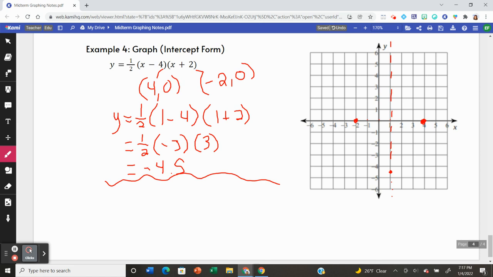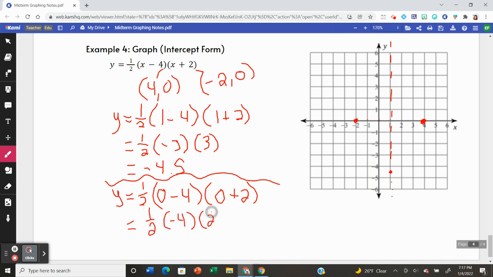So 0 minus 4. We have a 0 plus 2. We have 1/2. So negative 4 times 2 is negative 8. Half of that is negative 4.